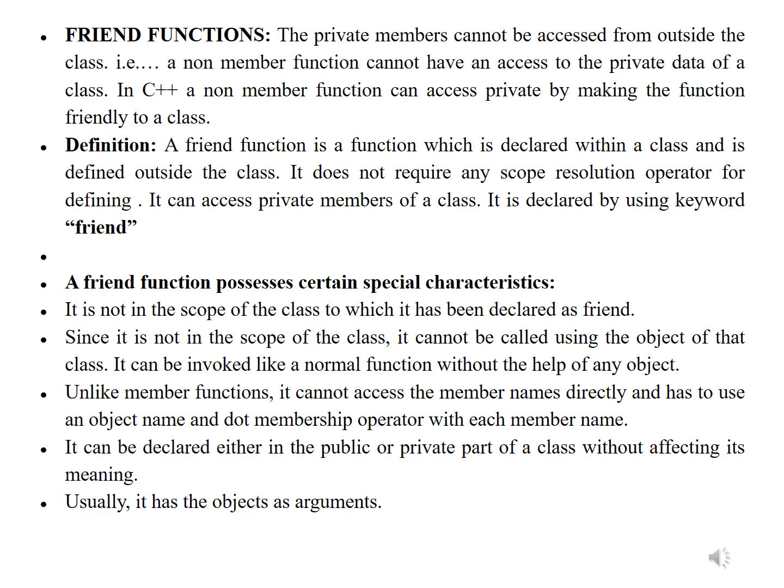Unlike a member function, it cannot access the member names directly and has to use an object name and the dot membership operator with each member name. It can be declared either in the public or the private part of a class without affecting its meaning. Usually it has the object as an argument.